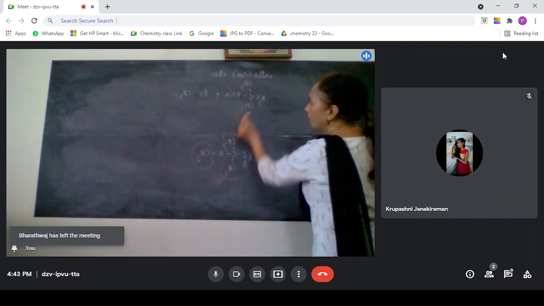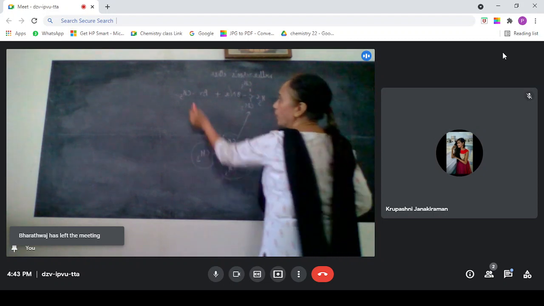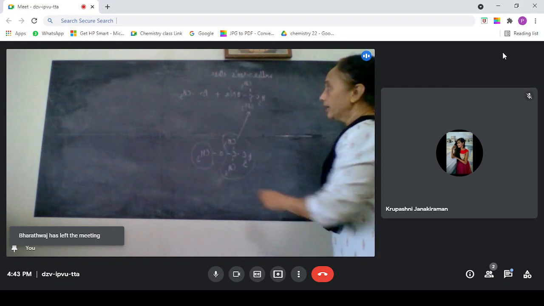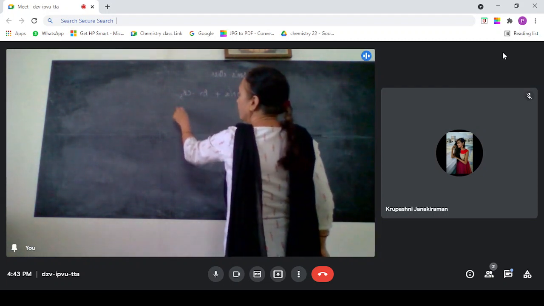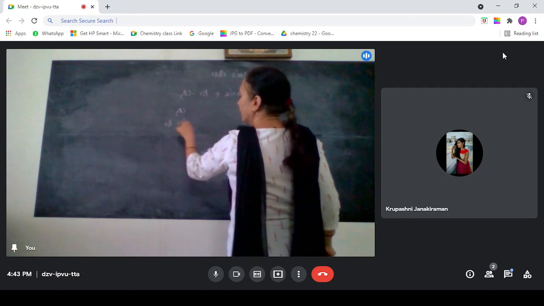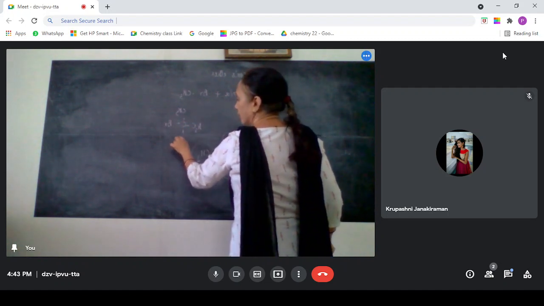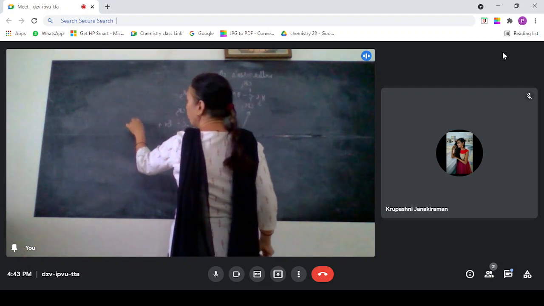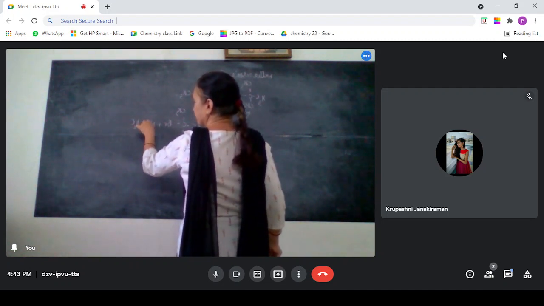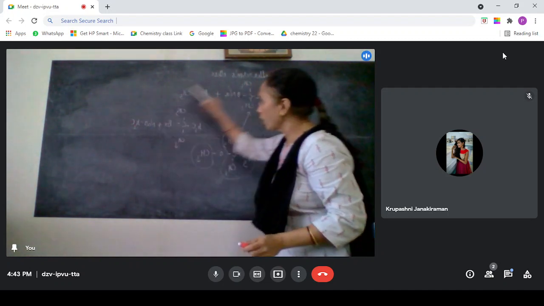Another choice, from the bigger group, alkyl halide, and from the smaller group, alkoxide. These are the two choices possible.